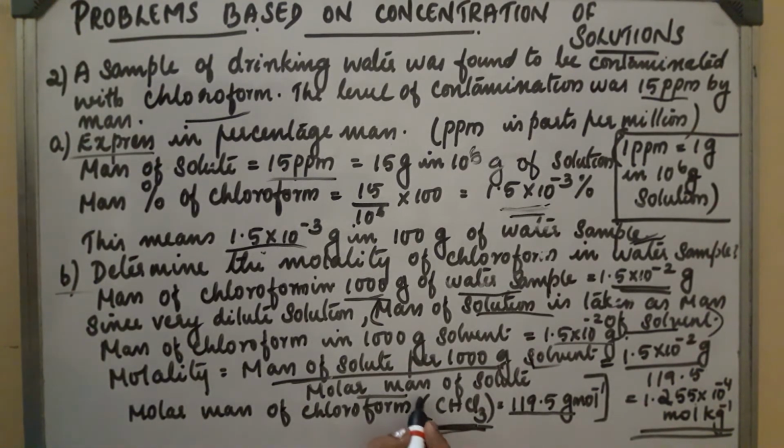So the mass of the solute, 1.5 into 10 raised to minus 2 gram, divided by 119.5, gives 1.255 into 10 raised to minus 4 mole kilogram inverse. That is the molality of chloroform.